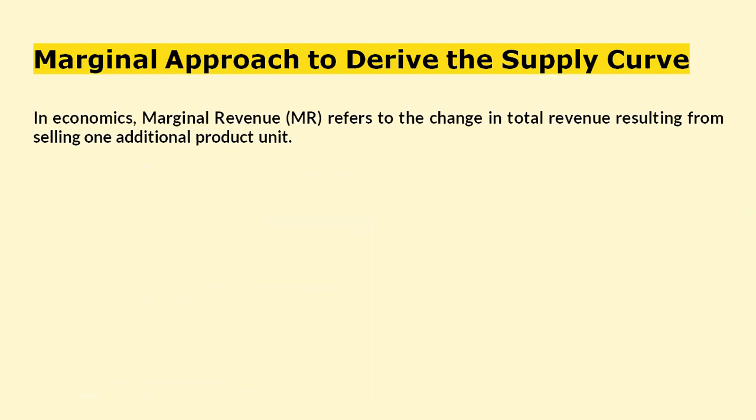In economics, marginal revenue refers to the change in total revenue resulting from selling one additional product unit.